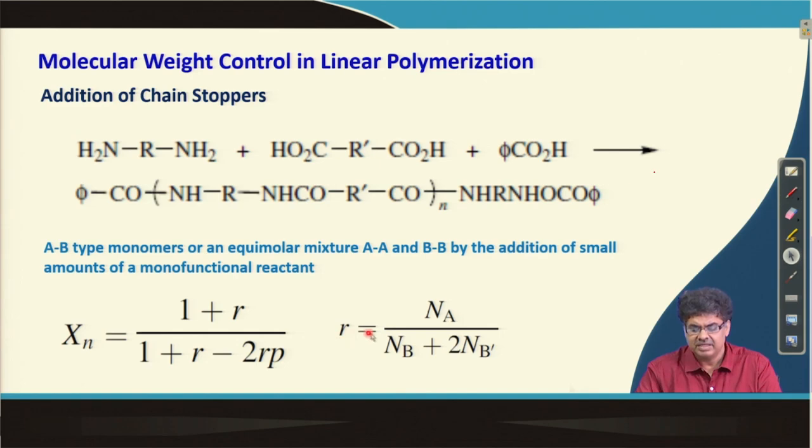If A is equal to B, meaning the concentration of A is equal to the concentration of B, then you find R as Na upon Nb. But if one monomer is in excess, so A is not equal to B, because one monomer concentration is in excess, how will you find the value?